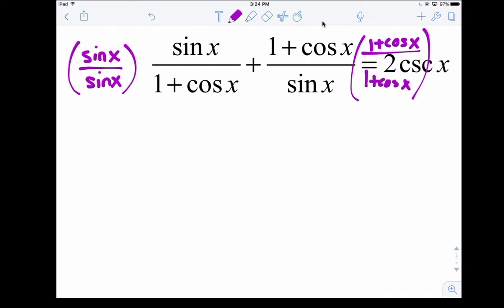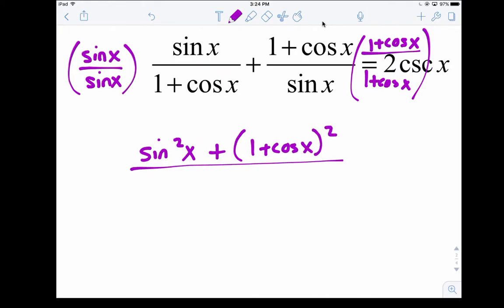Alright, when I do sine times sine, that'd be sine squared. Okay, and then I have 1 plus cosine times 1 plus cosine, which is 1 plus cosine squared, right? And then I have sine times 1 plus cosine.